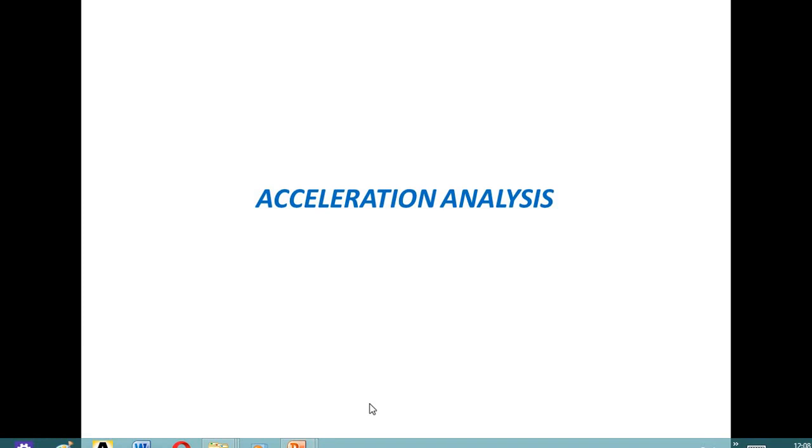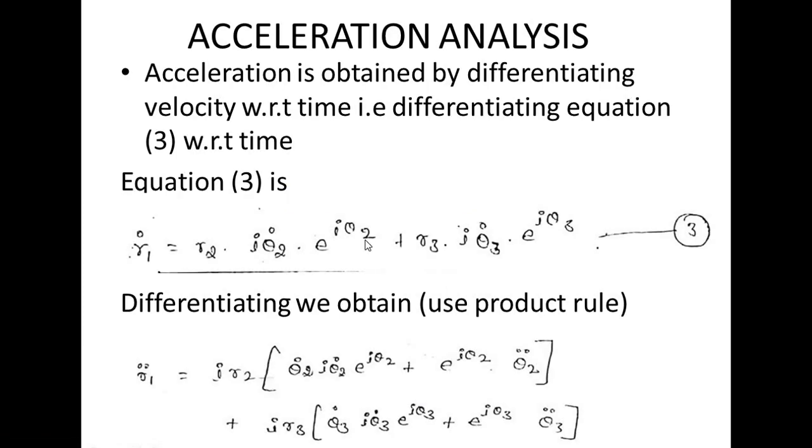Next we will discuss the acceleration analysis of the slider crank mechanism. Acceleration is obtained by differentiating the velocity equation with respect to time. That is, we differentiate equation number 3, which we obtained in the velocity analysis.